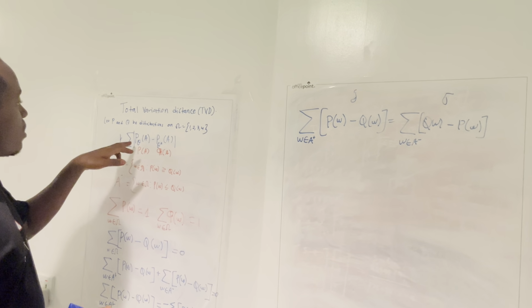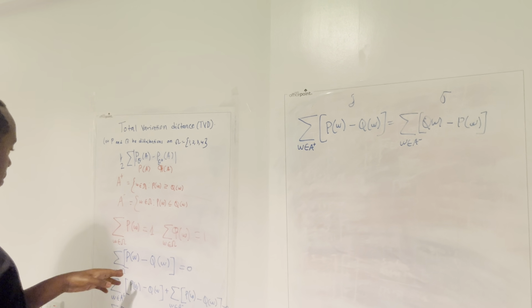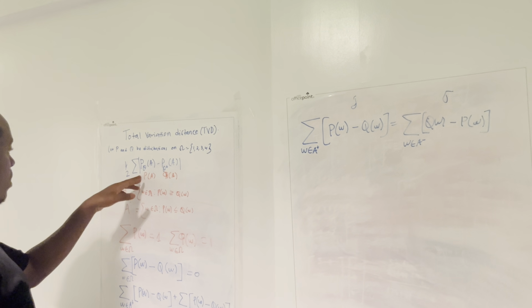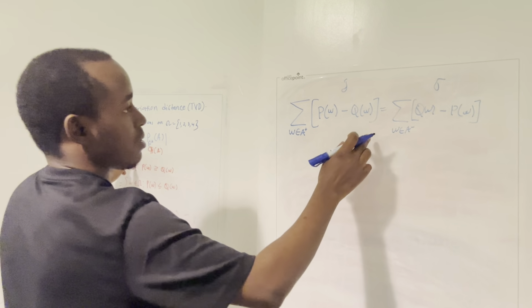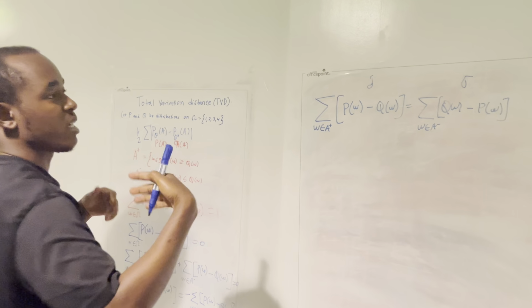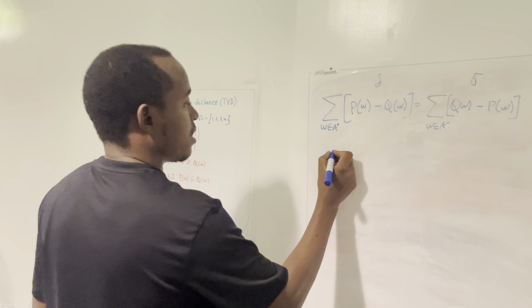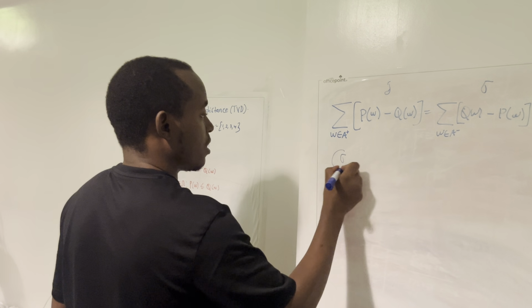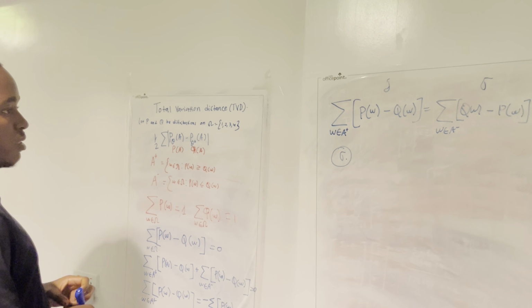The fact that you are considering absolute value means it's not going to matter in which order these are placed, and that is what leads to it being sort of like we are summing things twice. That's why we introduced the half, because what we're interested in is this delta, the small change. That's the total variation distance between these two distributions.